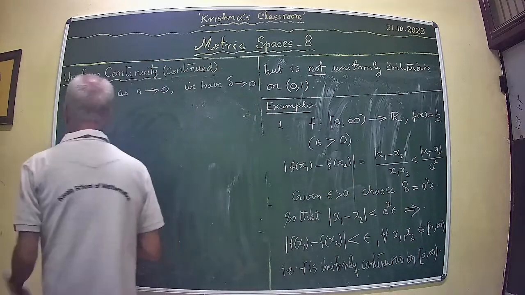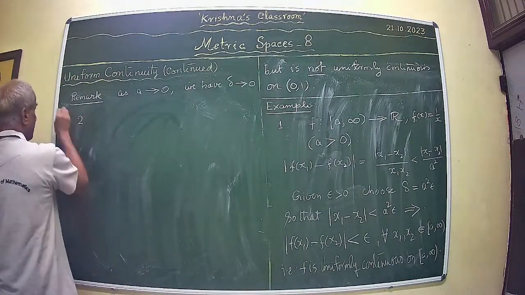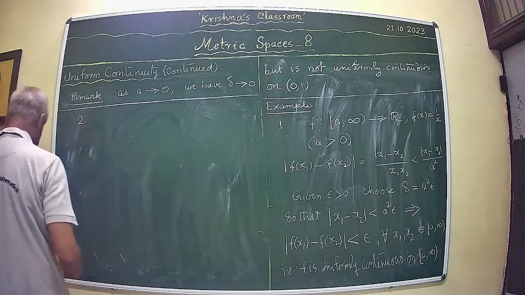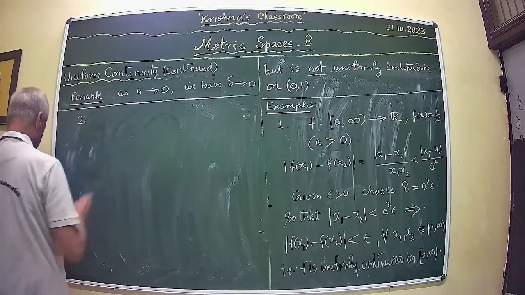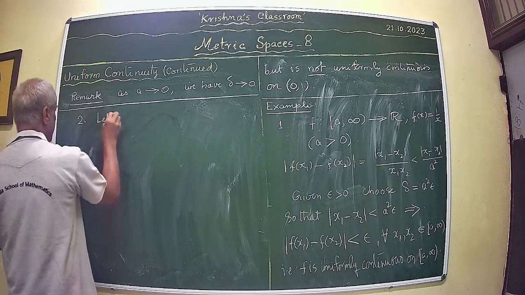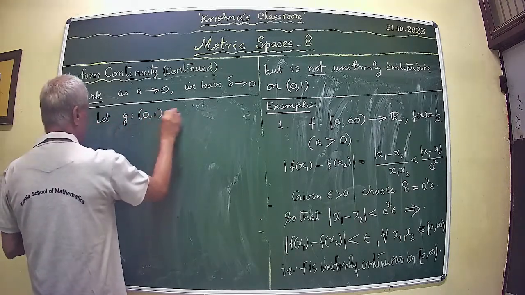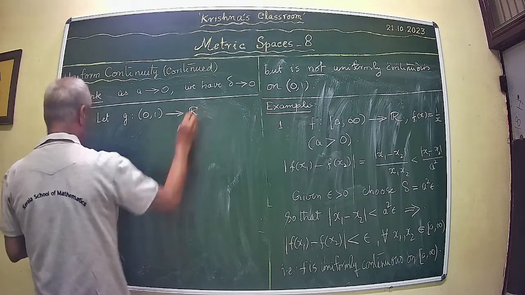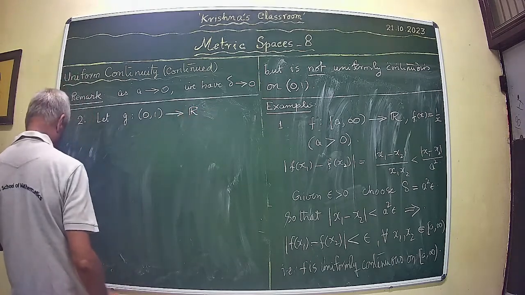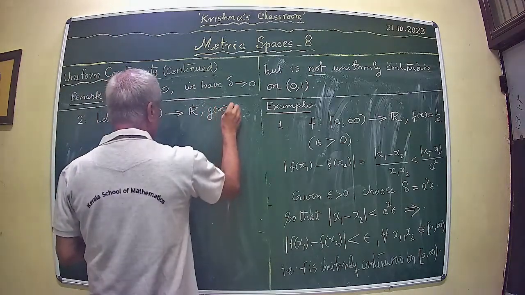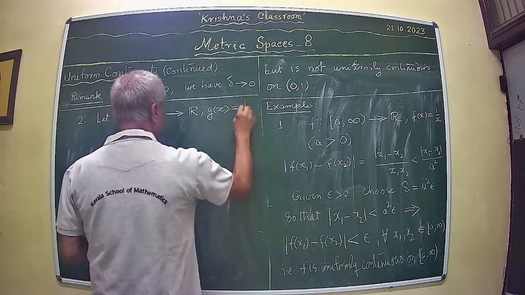Okay. Now let us take example 2. Second example. This is the one that we were looking at. g from 0,1 to R with g(x) defined by 1 by x.